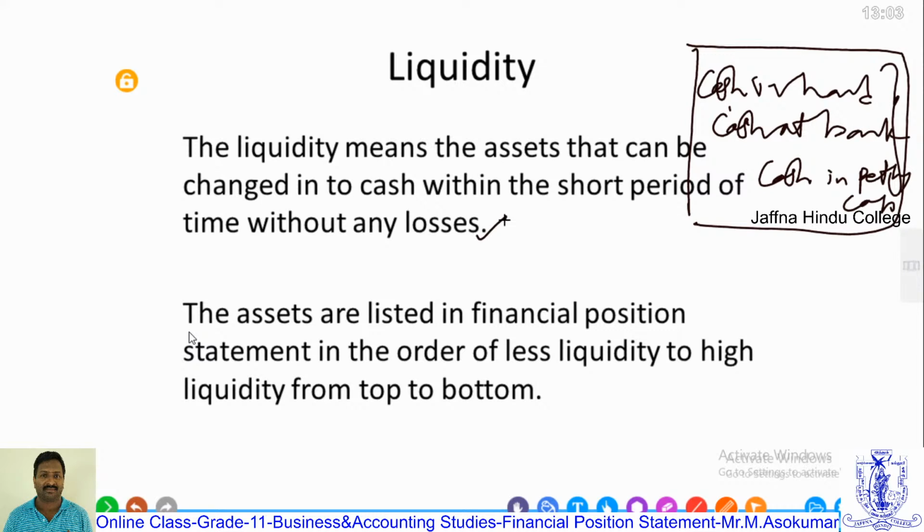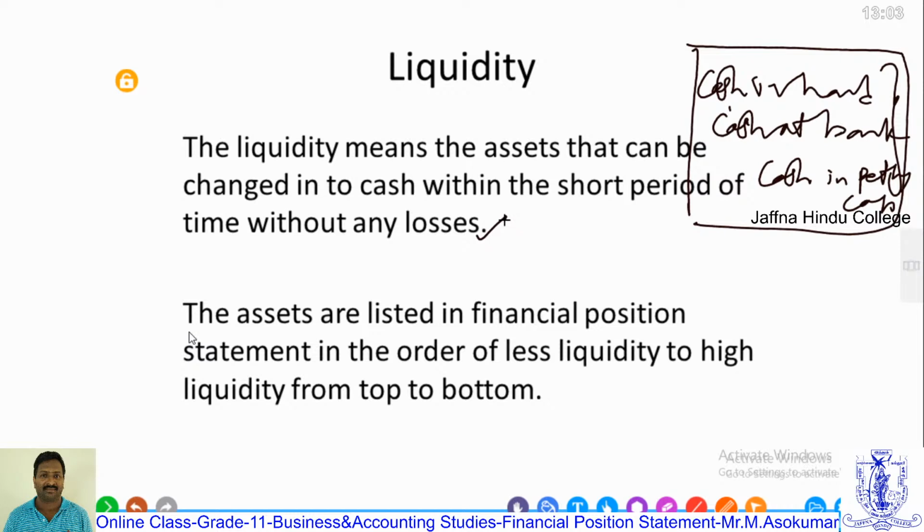As for stock or inventory, it takes more time to sell and then convert into cash. Sometimes it also incurs some losses by converting into cash within a short period of time. That is called liquidity.